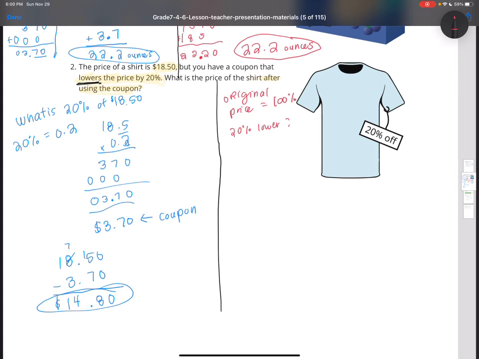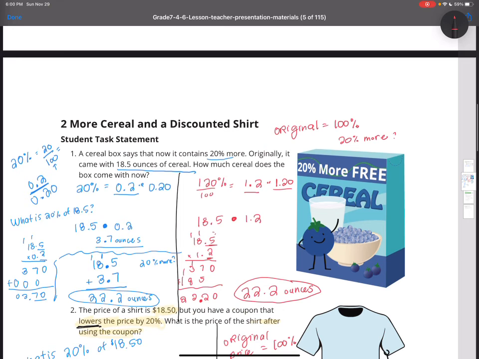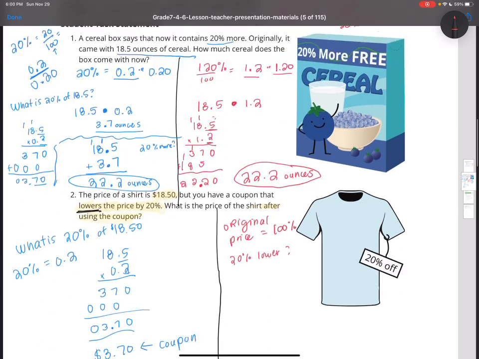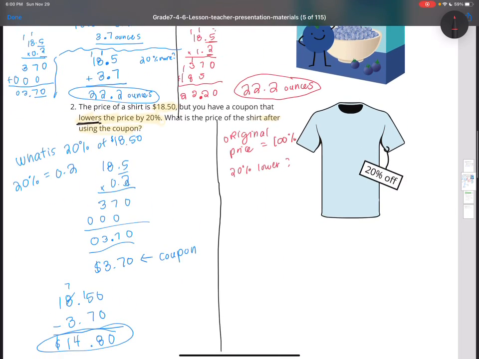So in the first problem, we added 20% to 100. In this problem, what do you think we're going to do if it's lowering the price? If you guessed subtraction, you are absolutely correct. So 20% less than 100 will be 80%.